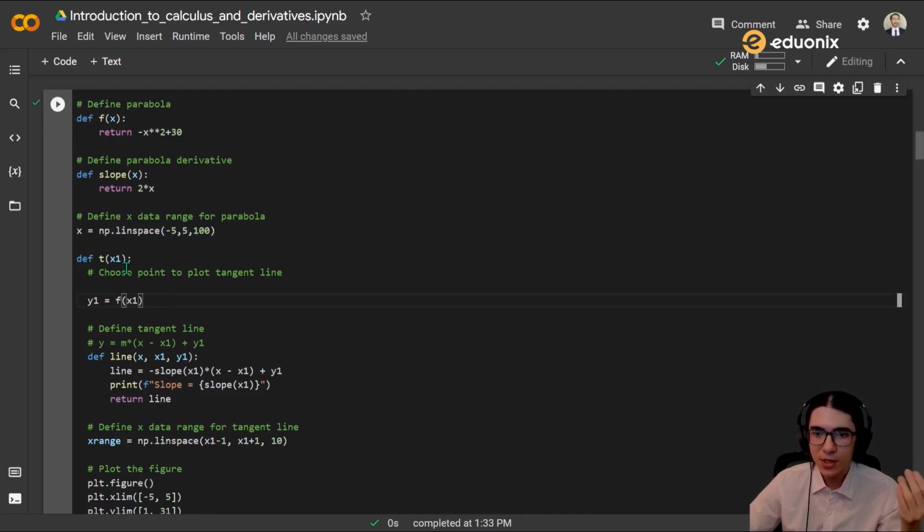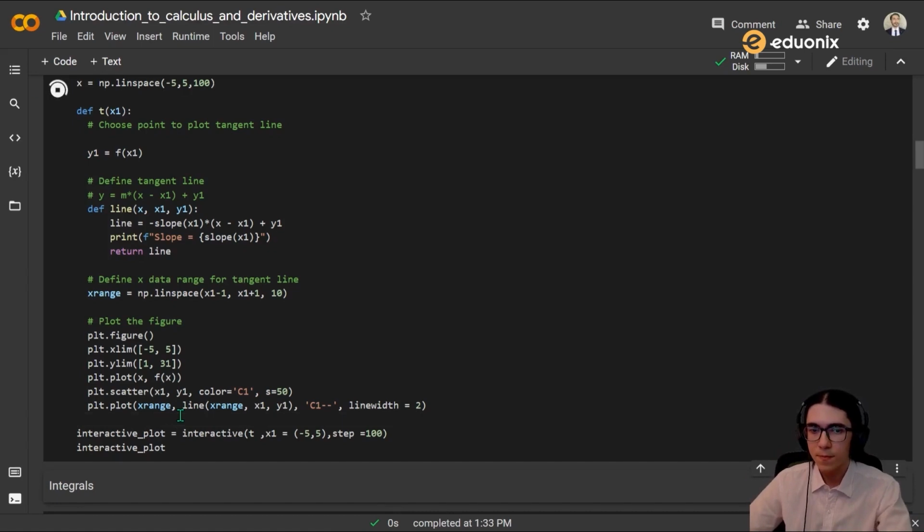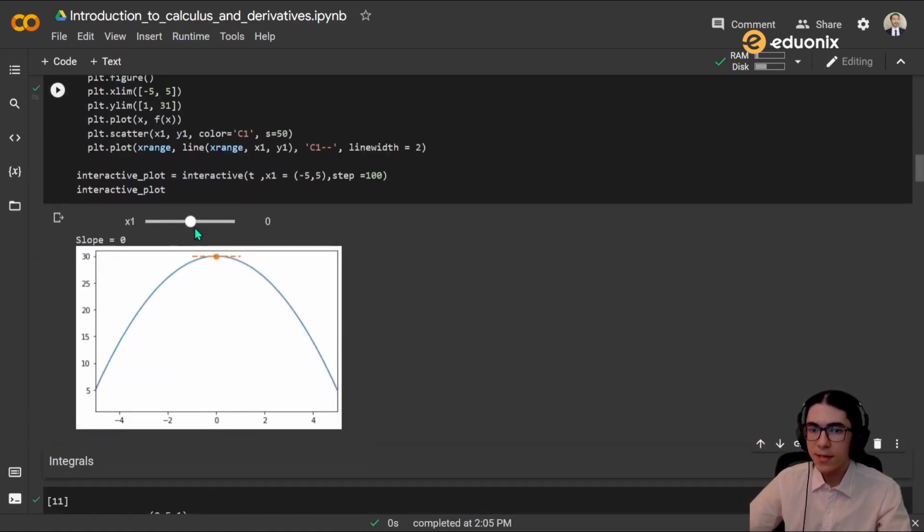Then, we create a function that chooses a point in the parabola to plot the tangent line, and we define the equation of the line and the range for it. Then, all that's left to do is to plot the line and the function using matplotlib. And we can also use IPyWidget to create an interactive widget to visualize the tangent line over many points. As you can see, here we print the slope of the line. It changes from 0 to positive or negative values as we move x.